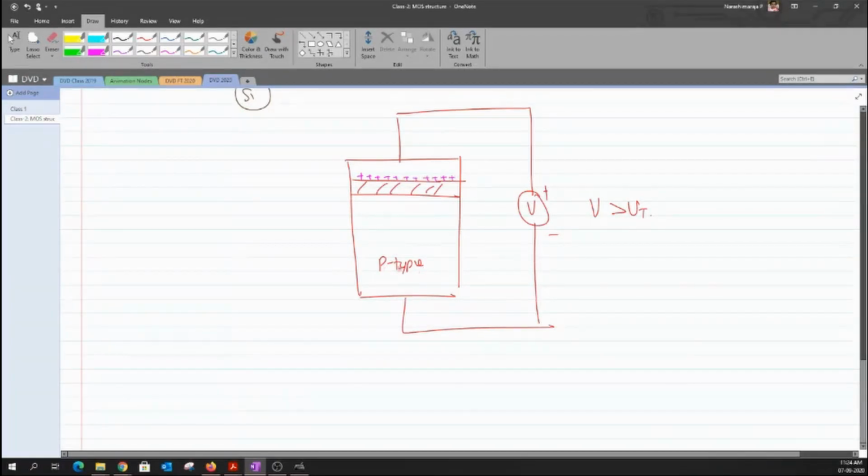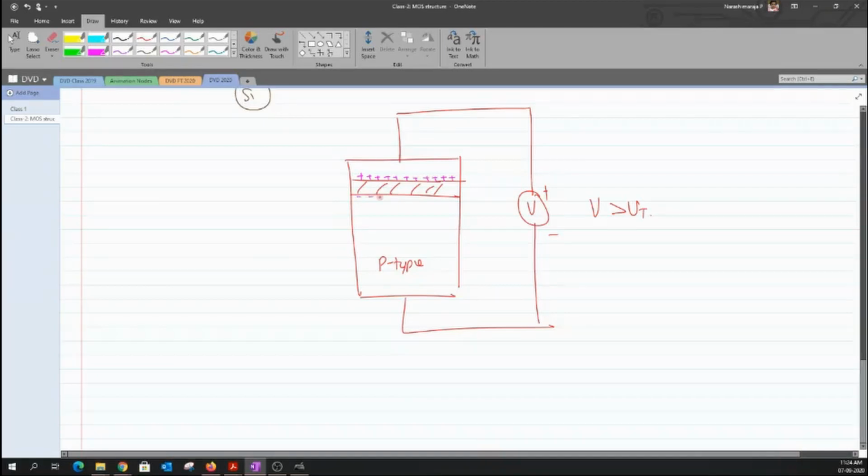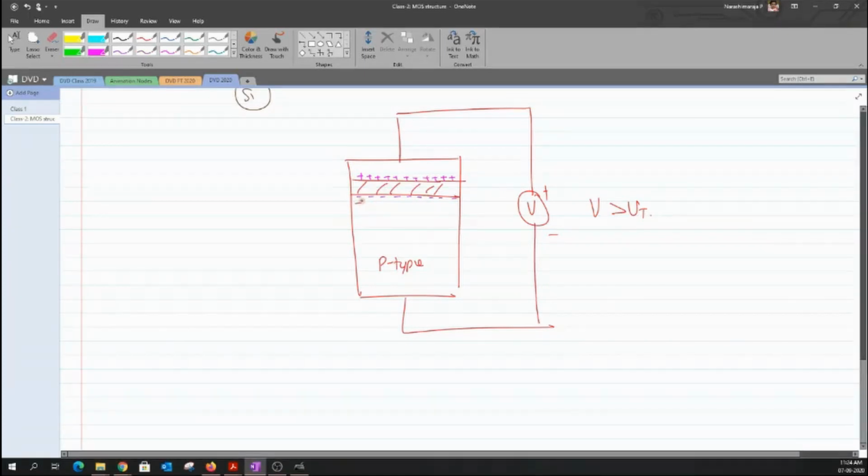For the p-type, the minority carriers are the electrons, and these electrons get attracted towards the interface. After this concentration of electrons, you would again have those immobile charge carriers, so there will be a depletion region surrounding them. After this you will have the free carriers, which are all holes for the p-type semiconductor.